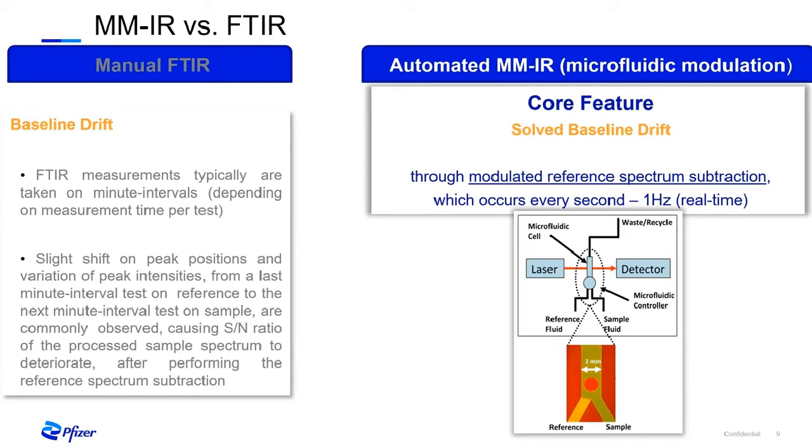So this peak position shift and variation of the peak intensity are commonly observed for FTIR. That causes the signal to noise ratio after processing the sample spectrum to deteriorate. But in comparison, the core feature of MMIR is that it solved baseline drift.